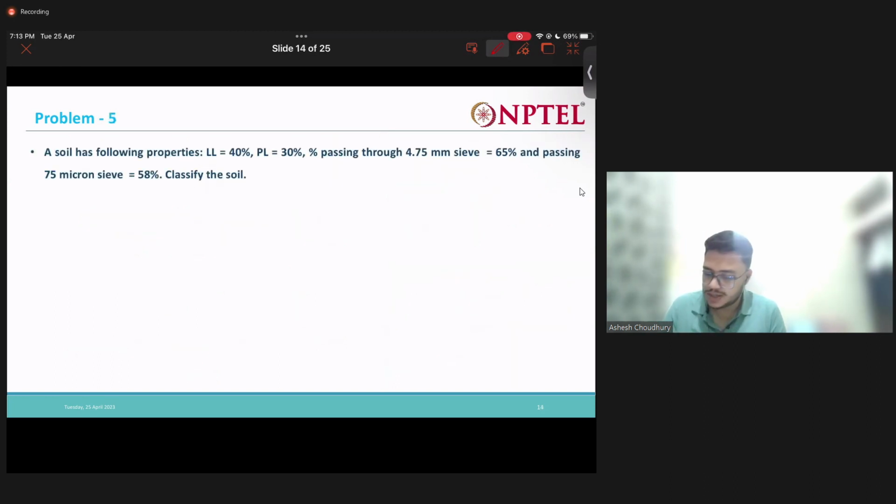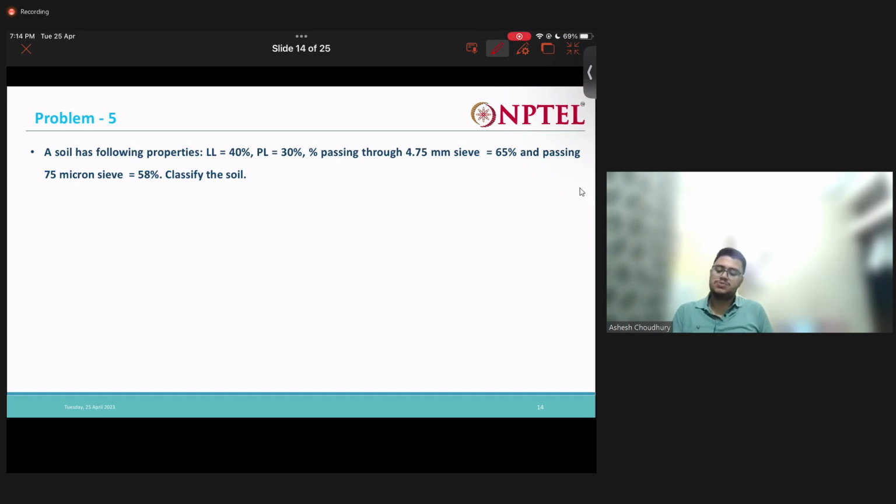Okay, so we have solved it. Now let us go to the next problem. This is from the soil classification chapter, right? In the soil classification chapter, we studied how to classify soils. The main broad classification was gravel, sand, and then clay or silt.